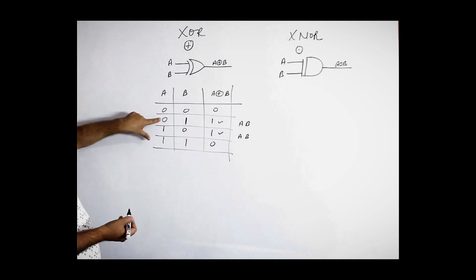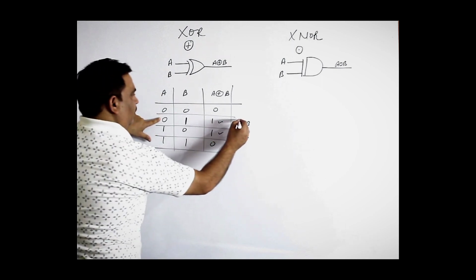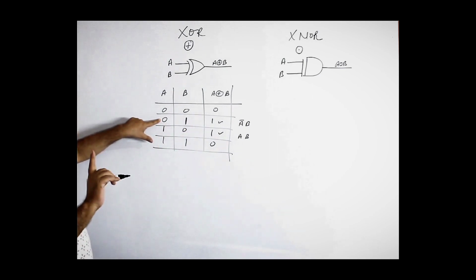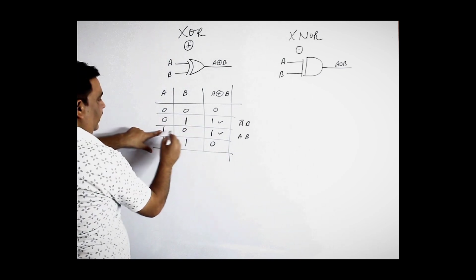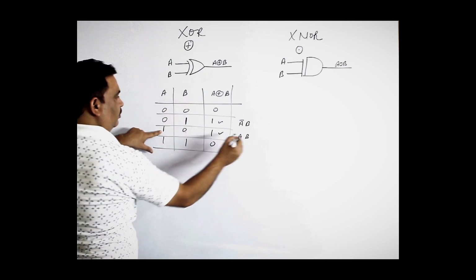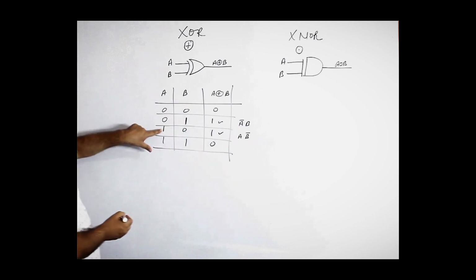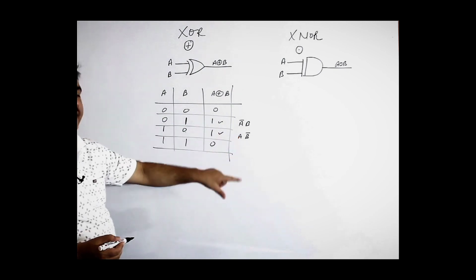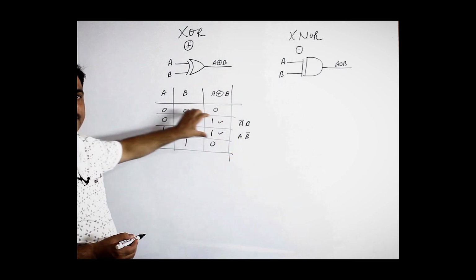Wherever A is 0, put complement. B is 1, do not put complement. For 1 0, B is 0, so put complement on B, but A is 1. So these are the two minterms derived from this truth table.